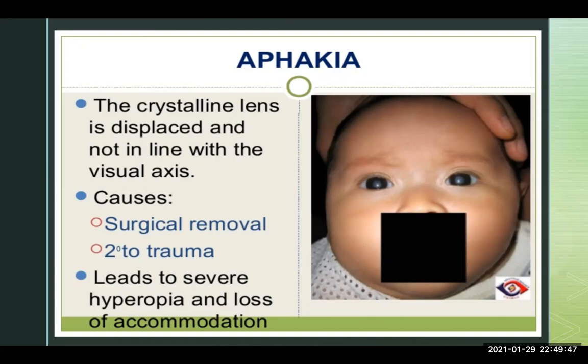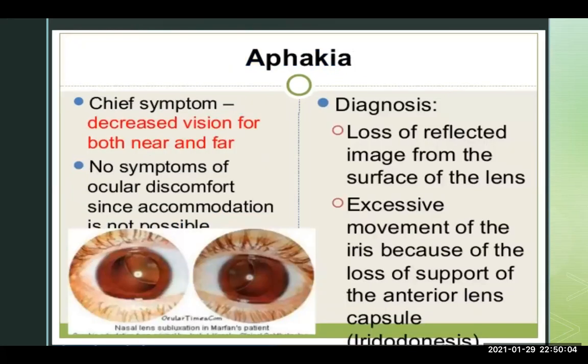So this aphakia leaves the eye with very low power of refraction, and it's a major form of hypermetropia. It leads to severe hyperopia and loss of accommodation, as I said. So the chief symptom of aphakia is decreased vision for both near and far, with no symptoms of ocular discomfort since accommodation is not possible.